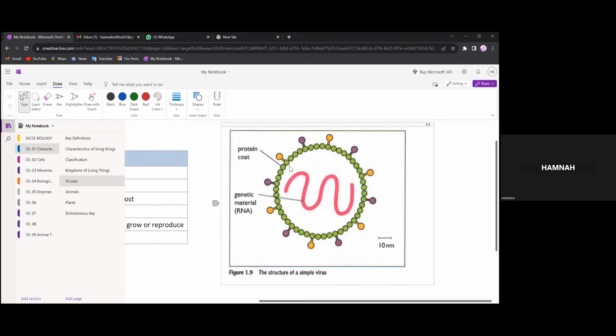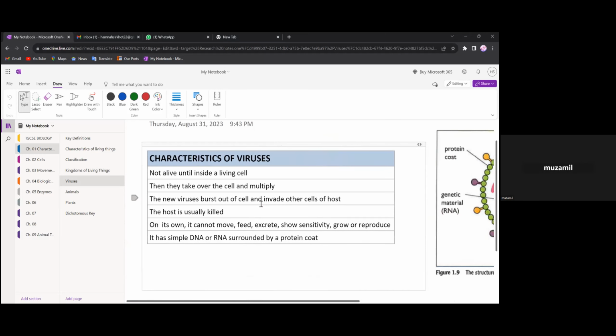And then if they ask you to write down two structures that are in a virus, or the things that show you that this is a virus, what do you write? You write a protein coat and genetic material. You just have to memorize that. And these are the characteristics.